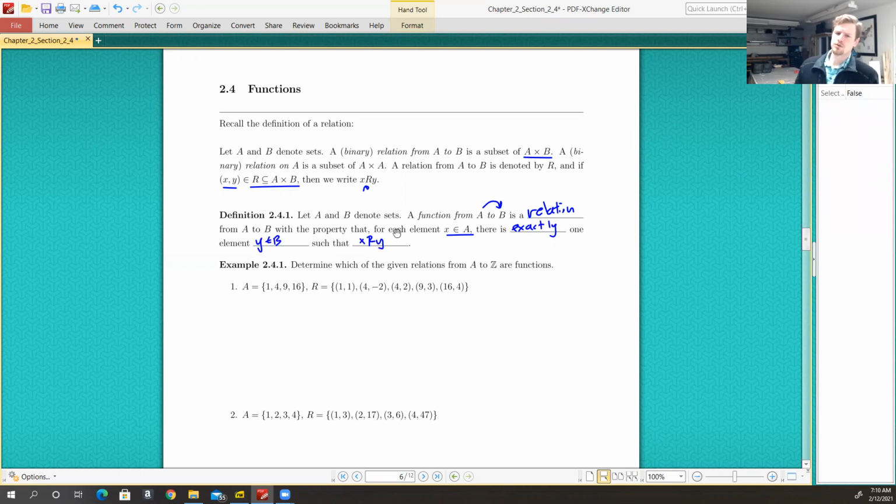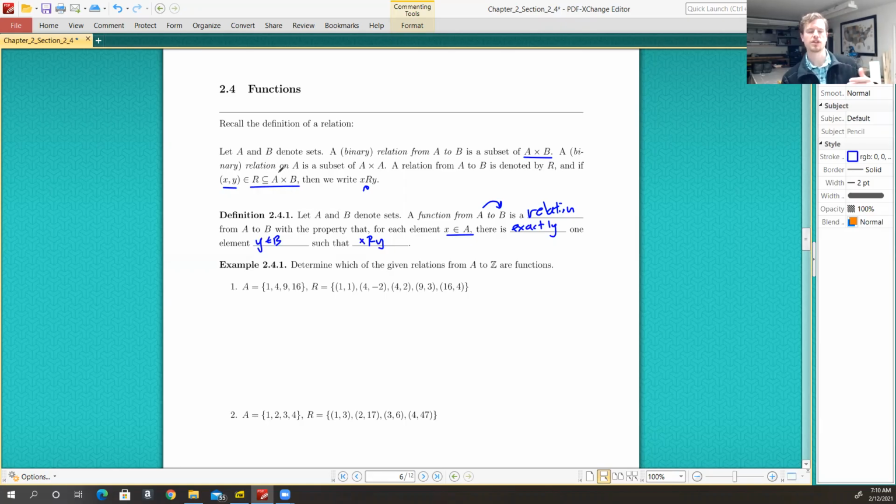One thing that's very important here is that our Cartesian product is every element of A paired with every element of B. And so we're just selecting a collection of those items where each one of the elements of A is included exactly once.